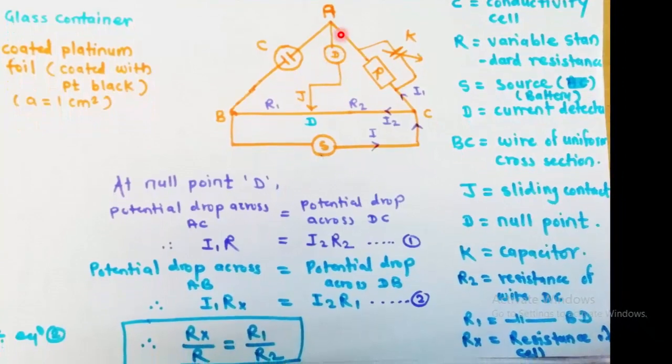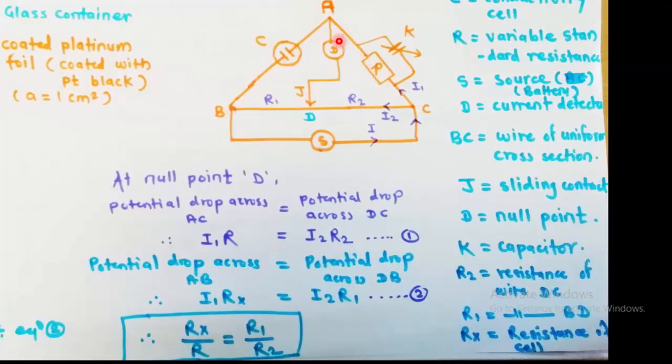The potential drop across AB is I1 into Rx, where Rx is the unknown resistance of the conductivity cell or conductance solution, and for BD it is I2 R1. This is equation number 2, and that is equation number 1.